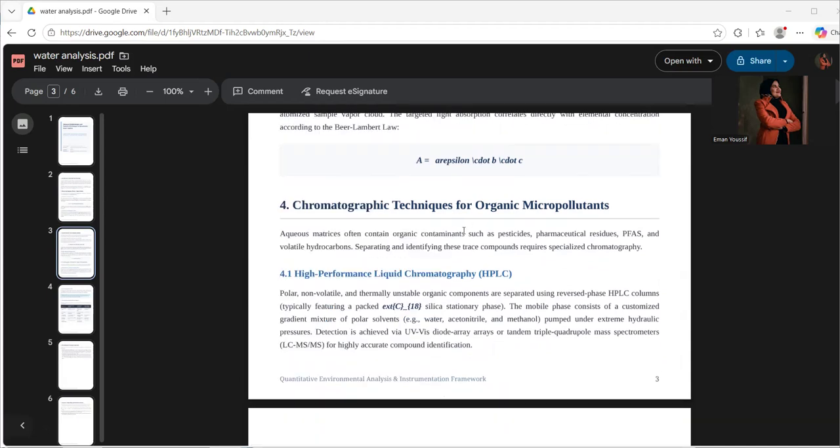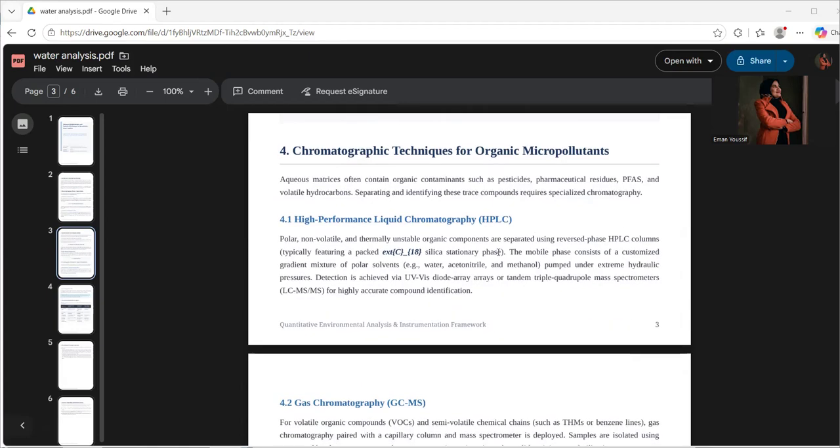Chromatographic techniques for organic micropollutants. In high-performance liquid chromatography, polar, non-volatile, and thermally unstable organic components are separated using reversed phase HPLC columns with a silica stationary phase.